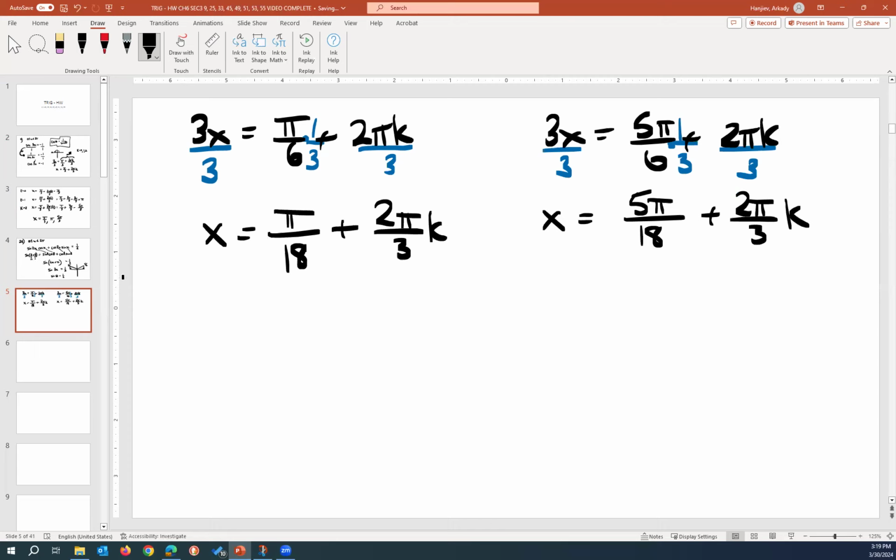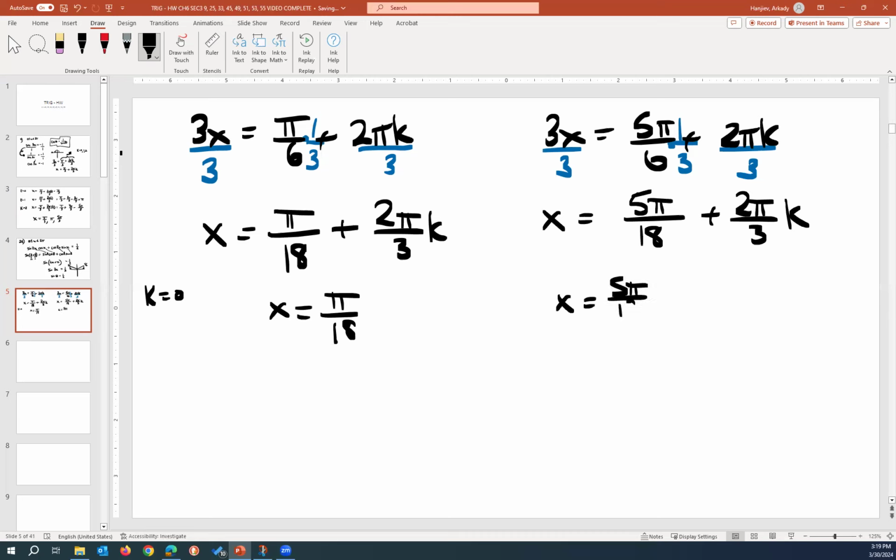Perfect. Okay, so we have 2 different values here, and we're going to have to solve each of those. So don't forget, we're going to use k is equal to 0. And that's easy, right? If k is equal to 0, that's just pi over 18 here. And that's just 5 pi over 18 here.